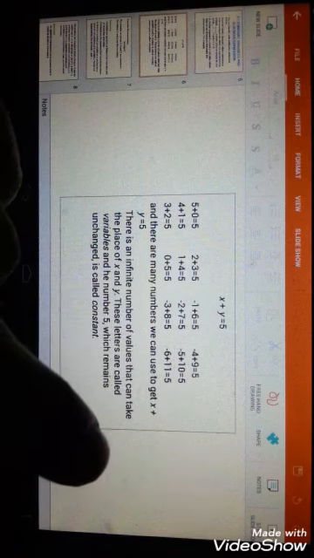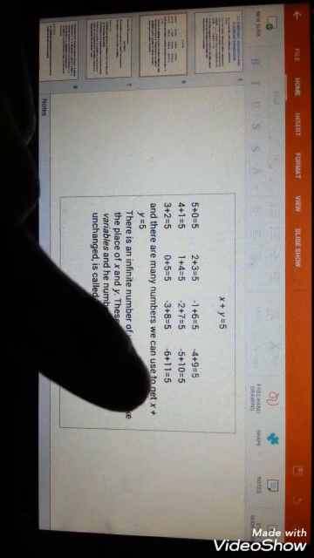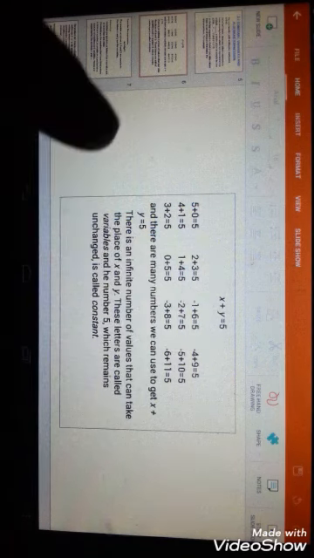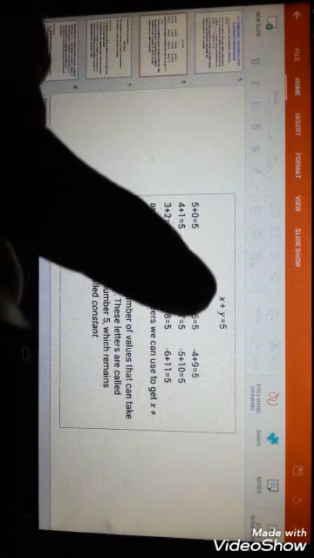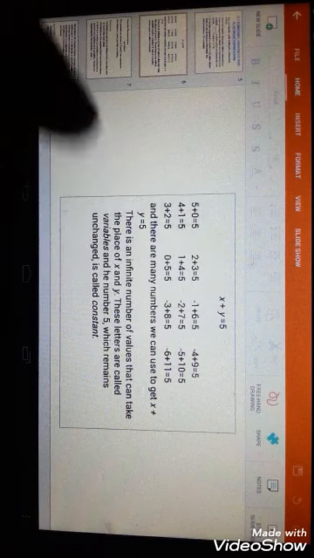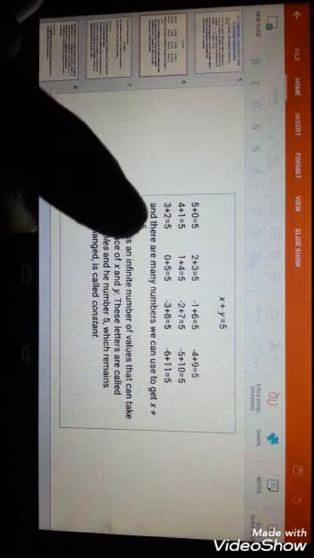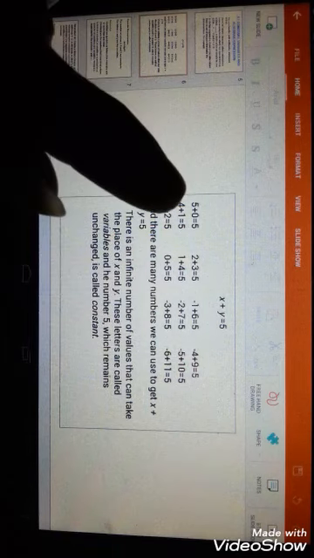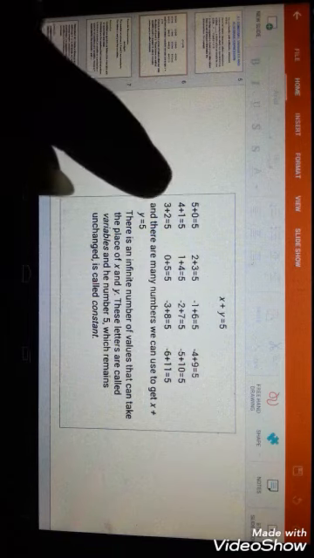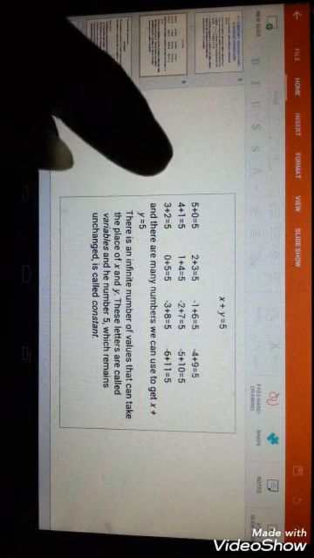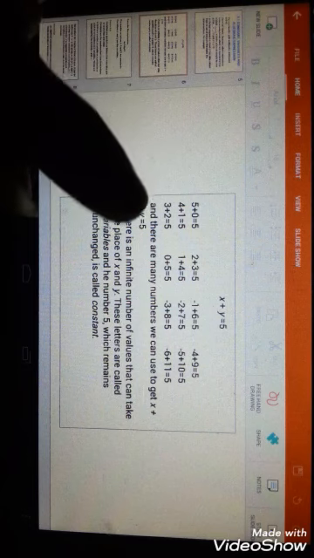There are many ways we can get the answer of 5. For example, we substitute any numbers for x and y so that we get 5. So here are the examples below: 5 plus 0 is equal to 5, 4 plus 1 is equal to 5, 3 plus 2 is equal to 5.